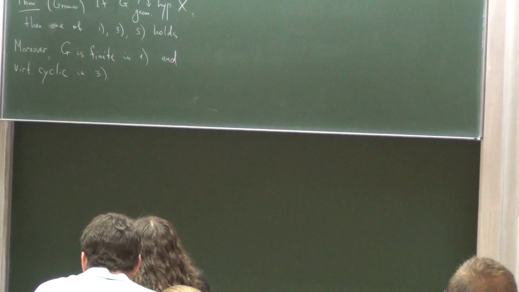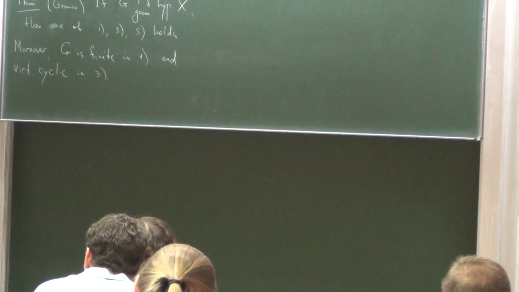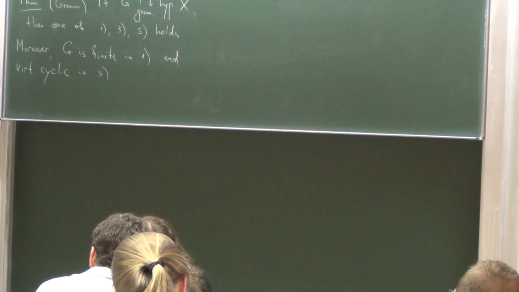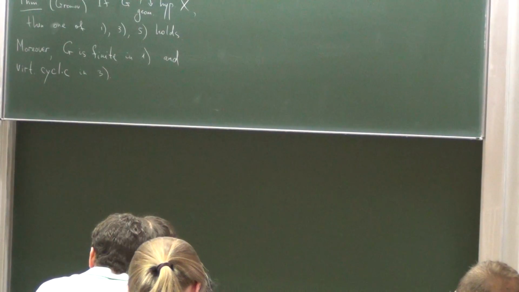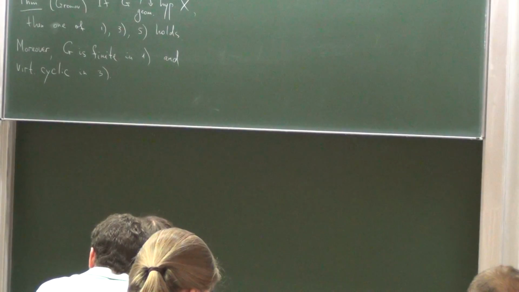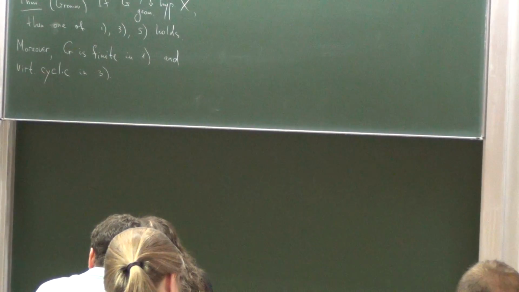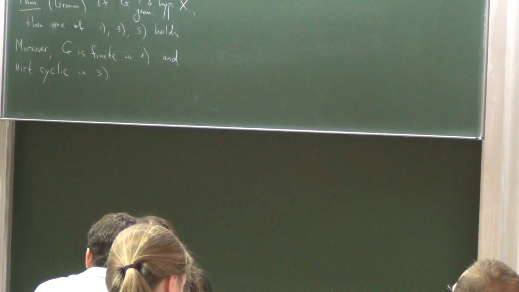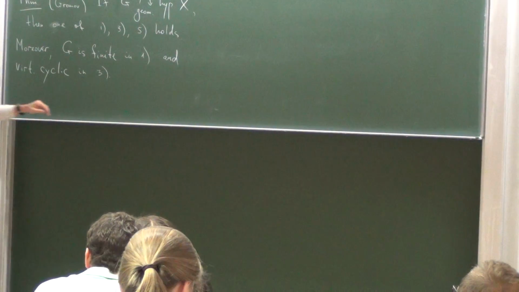And of course, you can have linear actions, just take, say, the direct product of any group you like and Z, take the standard action of Z on the real line, and induce the action of this product by going through the action of Z. That's a linear action, but the group is not virtually cyclic. So this is a non-trivial result.